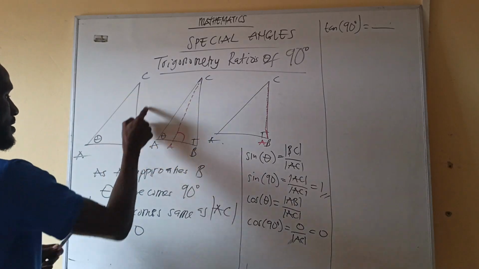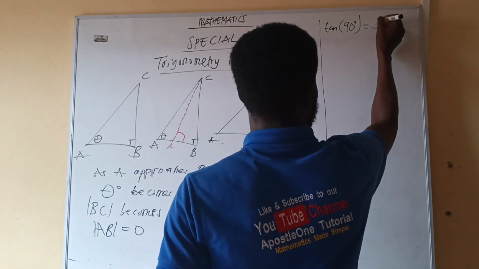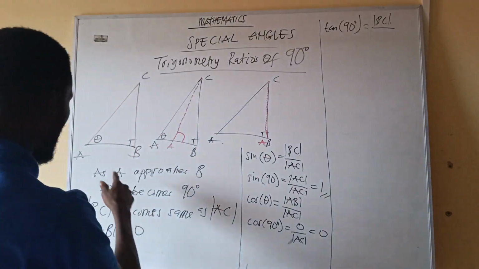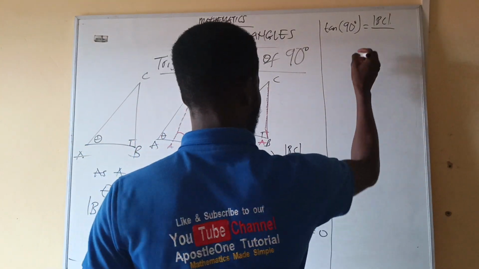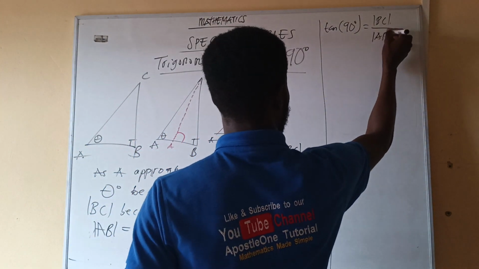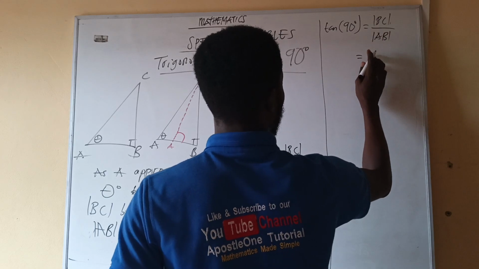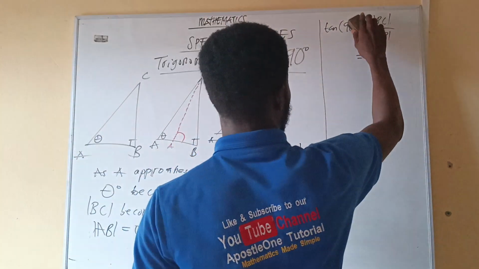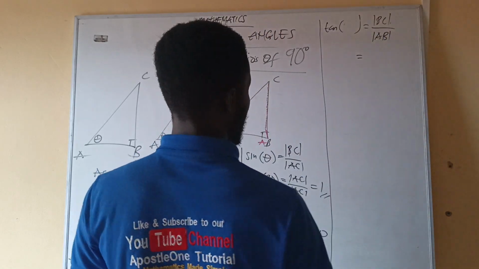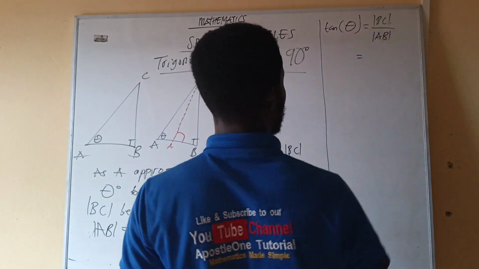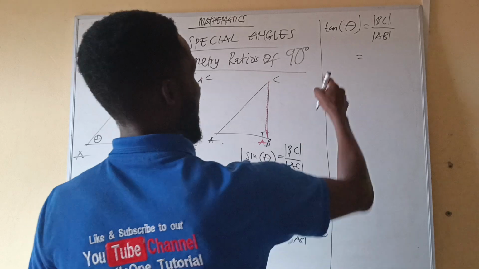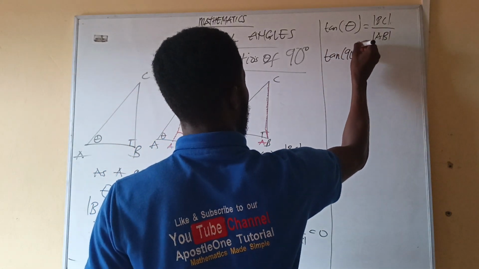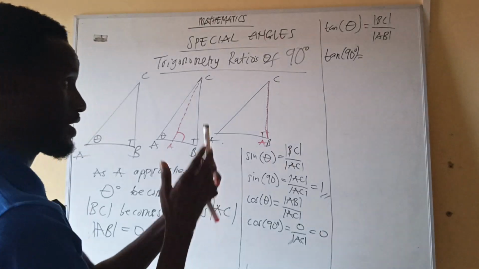The opposite is BC, over adjacent, which is AB. Sorry, I'm going to talk about tan theta rather. Tan theta. Now, as the theta approaches what? 90.